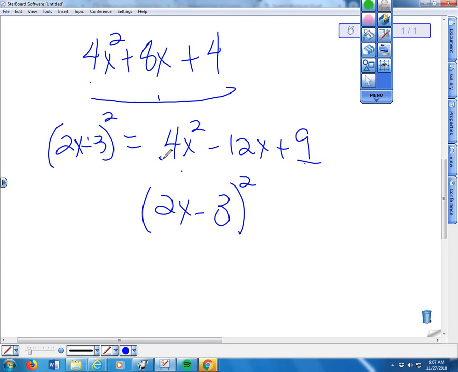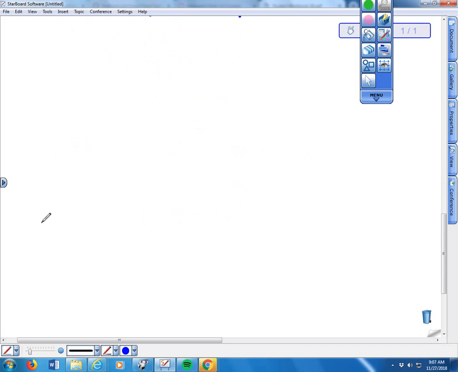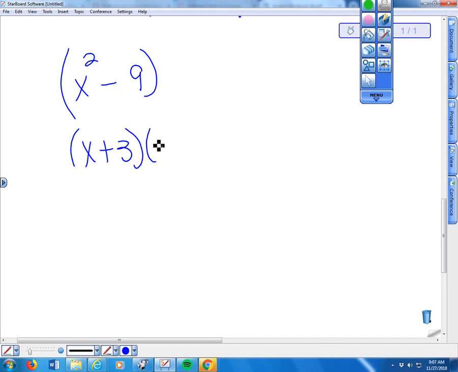The second special formula, if you have 2 perfect squares with a negative sign between them, what are you going to do? You're going to take the square root of the first term and the square root of the second, and you're going to multiply them with a positive and a negative.